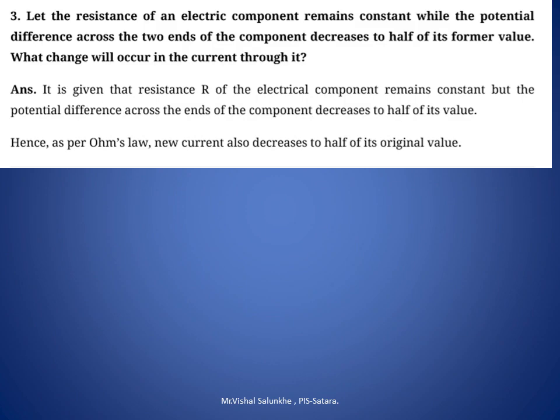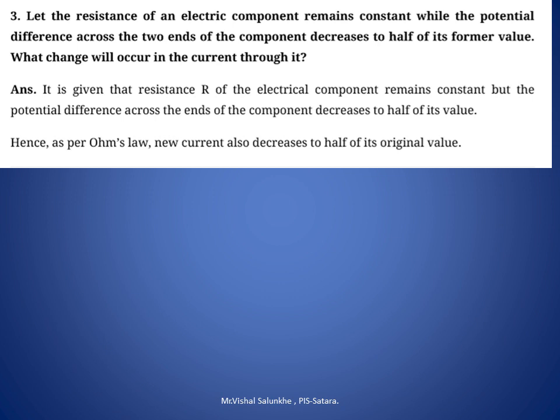Let the resistance of an electric component remain constant while the potential difference across the two ends of the component decreases to half of its former value. What change will occur in the current through it? My dear students, the problem is very easy.